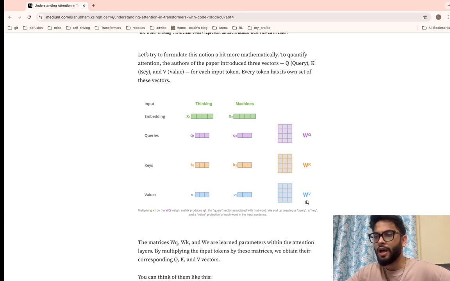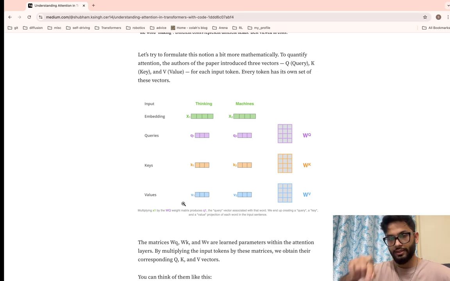These three matrices are layer parameters which are learned during model training. These are simply weights. During model training we learn these WQ, WK, and WV, and during inference, whenever the tokens are passed inside this layer, we multiply those tokens with these three matrices and get the respective queries, keys, and values. This all happens inside the attention layer.